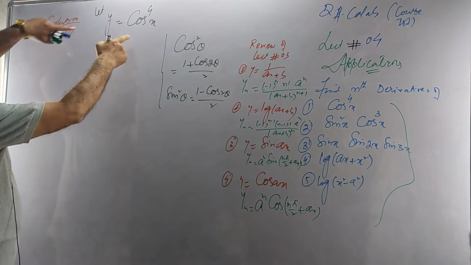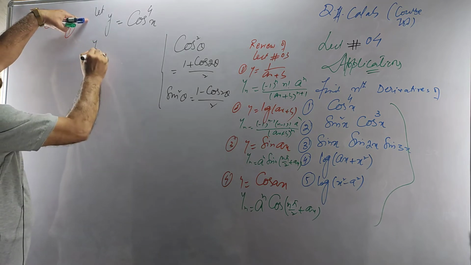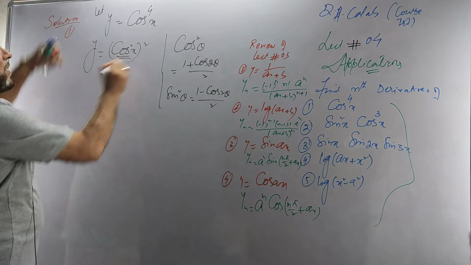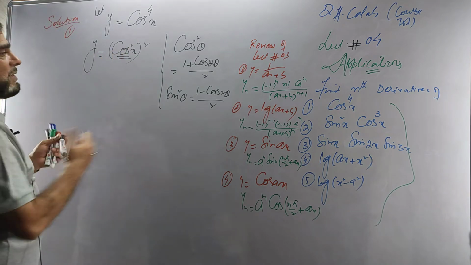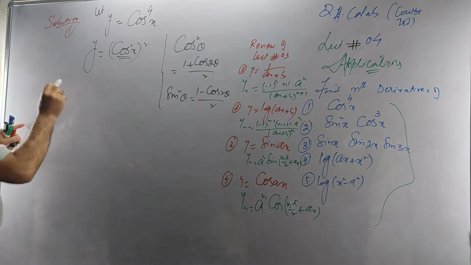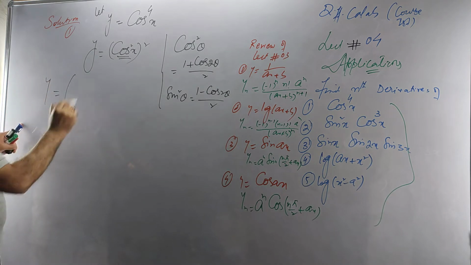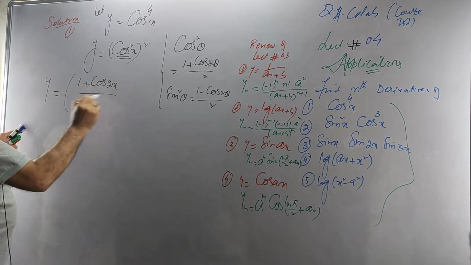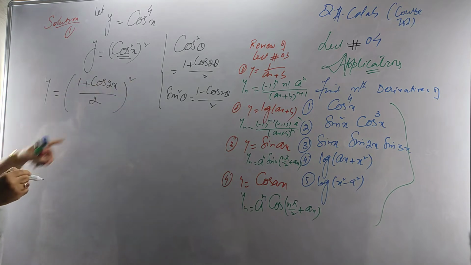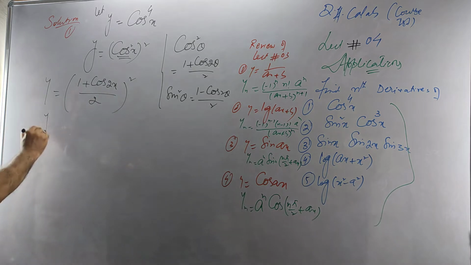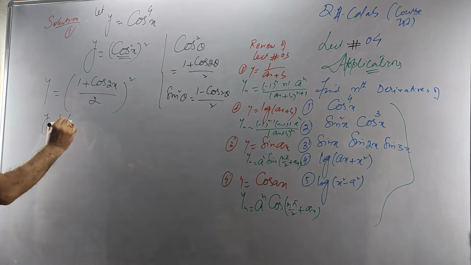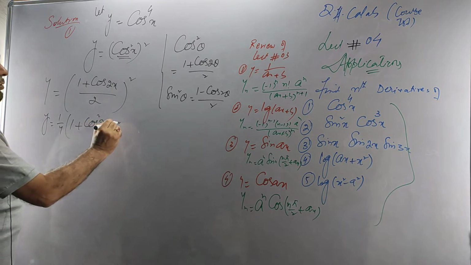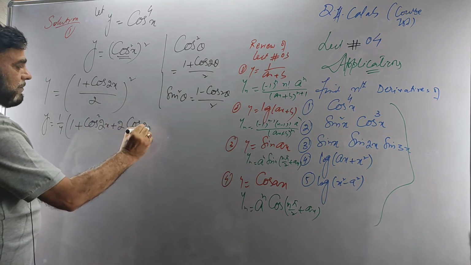Now on the basis of this, I will write y equal to cos square x whole square. For this cos square x, I am using this formula. So y equals 1 plus cos 2x by 2, whole square. Now open this square: y equals 1 by 4 times 1 plus cos square 2x plus 2 cos 2x.